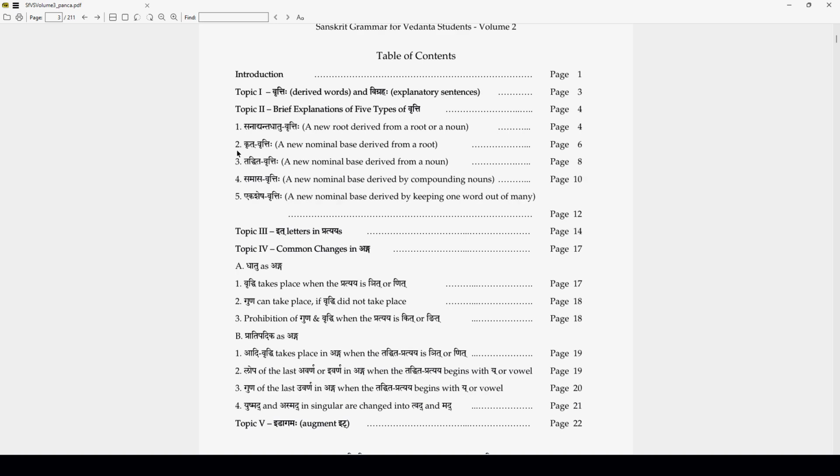Okay. In this course we are trying to study the Kridantas. What are Kridantas? Where are they used? Some examples of about 20 or so pratyayas, with a light touch of grammar, Ashtadhyayi.